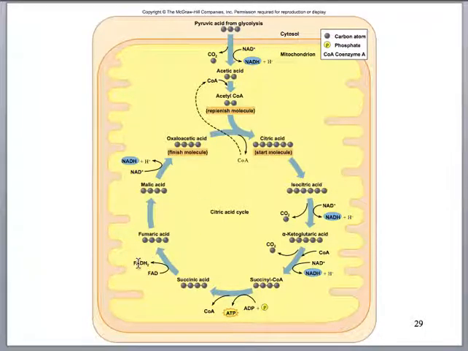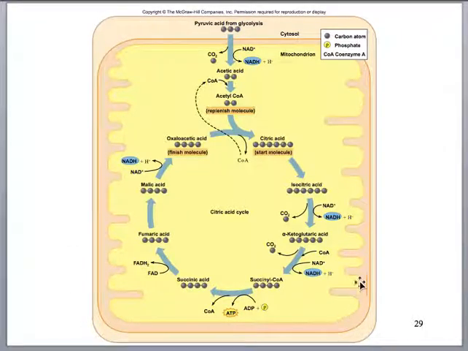So the point of the citric acid cycle is not to make ATP directly, because we've only made 2 of those. The point of the citric acid cycle is to generate a lot of these high energy electron carriers, because that's what we're getting the most of, so that these can then enter into the electron transport chain, and that's how we get the bulk of our ATP.